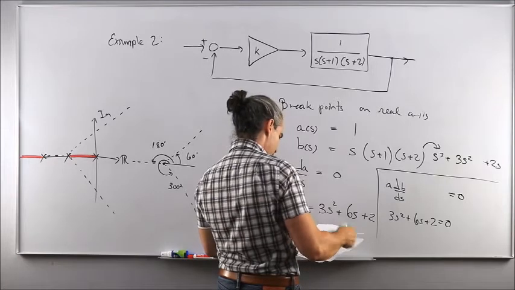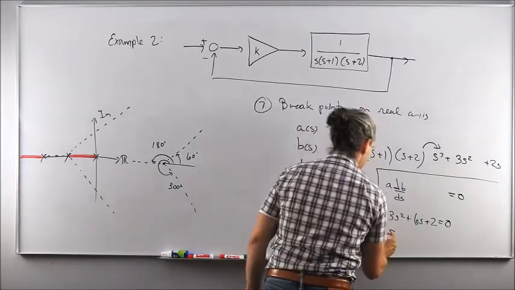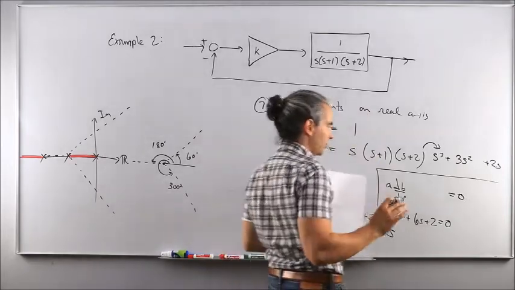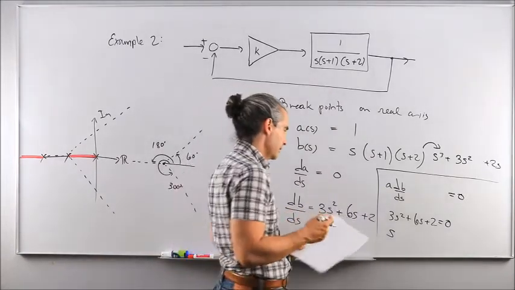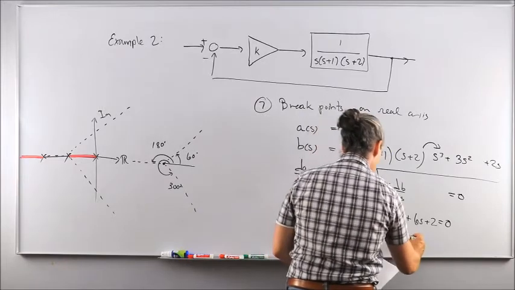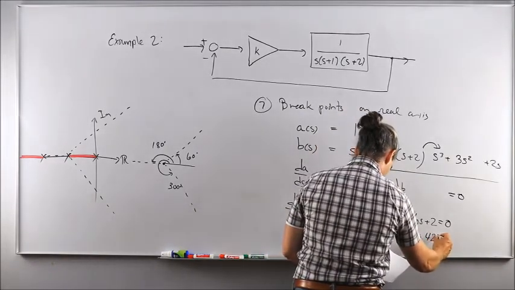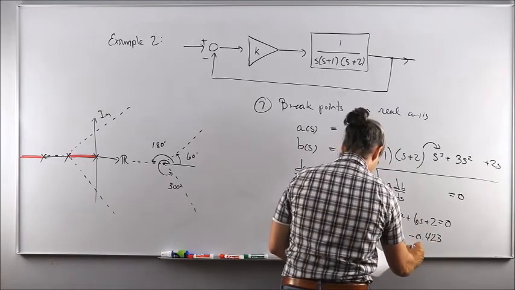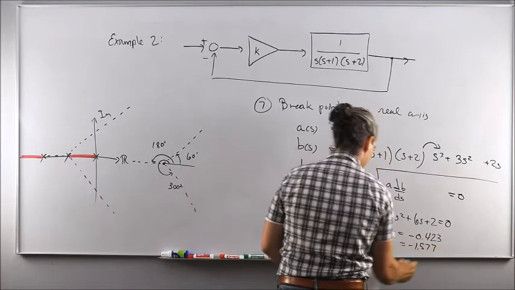Now this one is not super obvious to solve by hand. So in an exam I would say, okay, for this polynomial the roots would be this and that, without telling you where you need to apply this result given from me. But here the roots of that polynomial will be s equal minus 0.423, and the other one will be s equal minus 1.577, right?